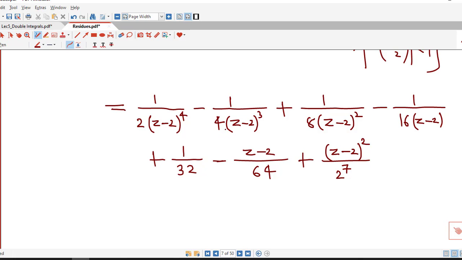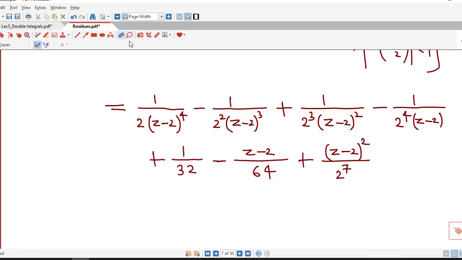So this we can rewrite as we are getting some pattern. If we observe, here we have 4, so that we can rewrite as 2 square. Here we have 8, that is 2 raised to 3. Then 16, that is 2 raised to 4.